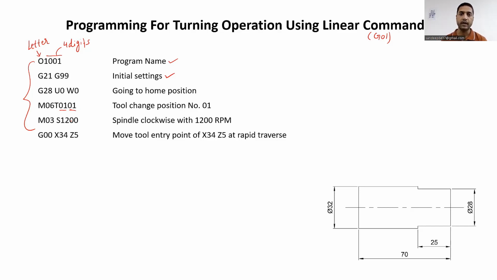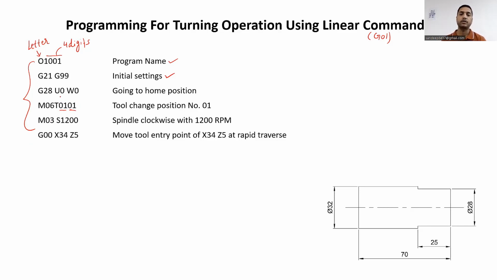To avoid any confusion, it is a common practice to use the same tool length offset as the tool number. Here I'm using 01 for tool number 1, so that's why 01 is for tool length offset.